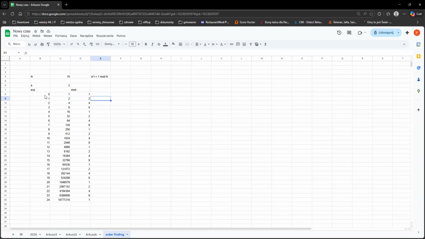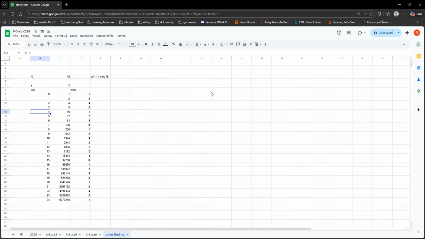And of course, r equal to 0 is a trivial solution. So then we need to go further, yes? We have 2, it does not meet our expression. Then we have 4, does not meet. 8 does not meet. And here we have the remainder of 1, which meets our requirement.